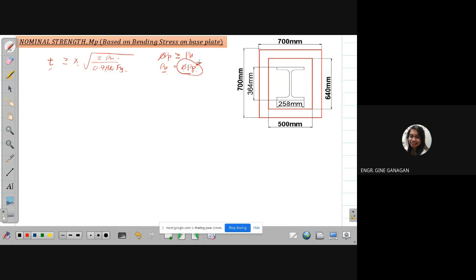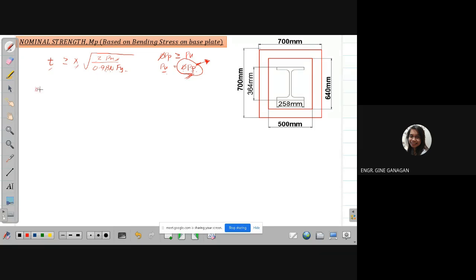Diba? So let's say that is, let's denote that as, ganyan pa rin siya. Okay? So substituting yung values, makukuha natin yung values na ito. That is equal to yung U natin. Okay? So isolve muna natin yung value ng X.